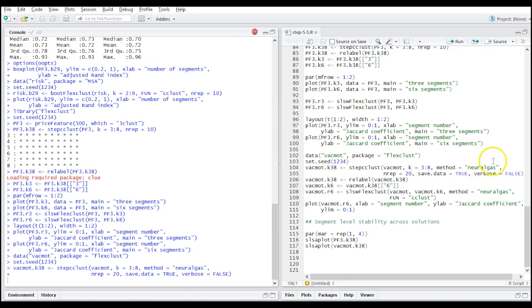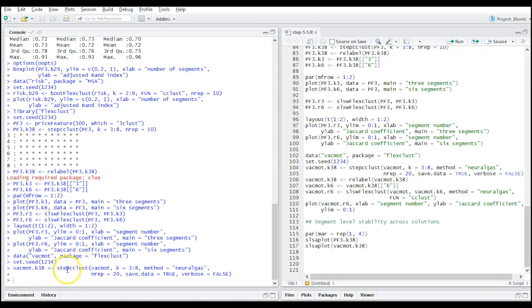We're using the neural gas method, but we use number of segments from 3 to 8, and all of these solutions are investigated with 20 random initializations on that dataset. We are saving the data with the object, and where verbose equals false means we don't want to have progress information plotted while the algorithm is running. So here we don't see any progress information compared to the progress here.